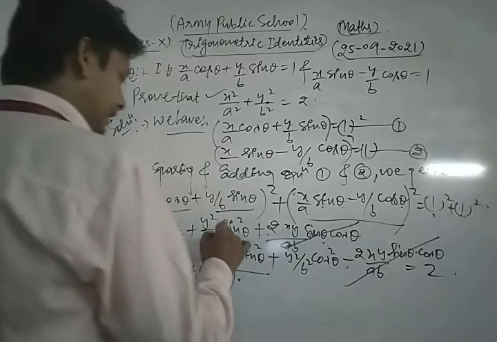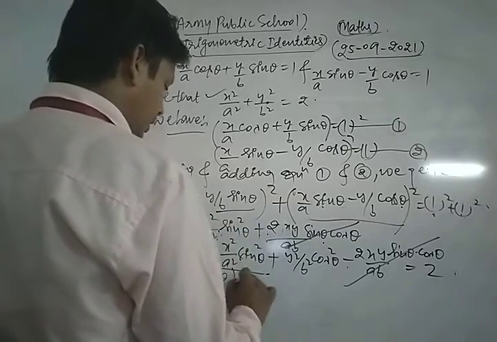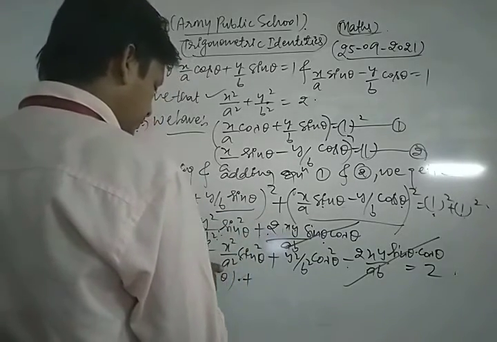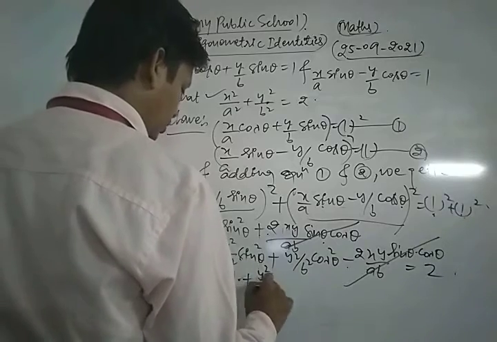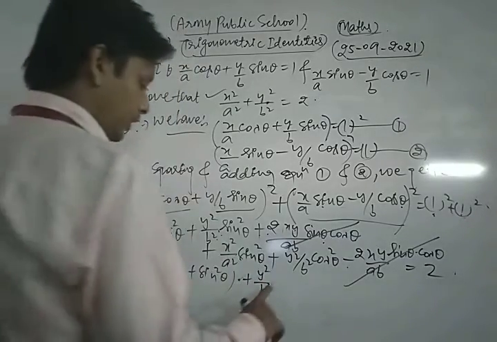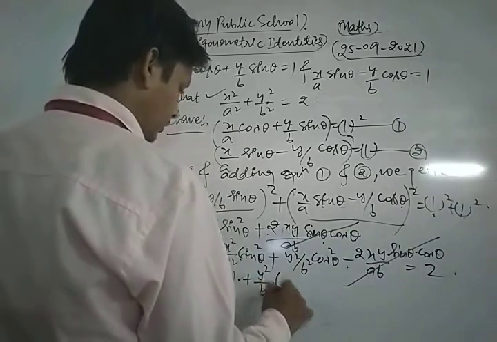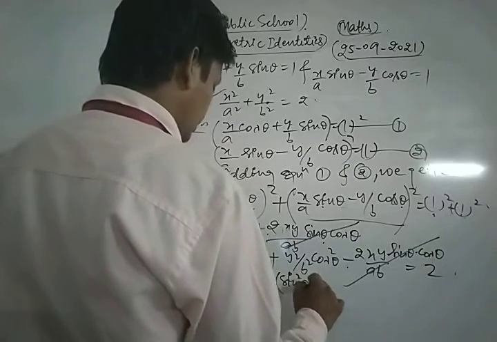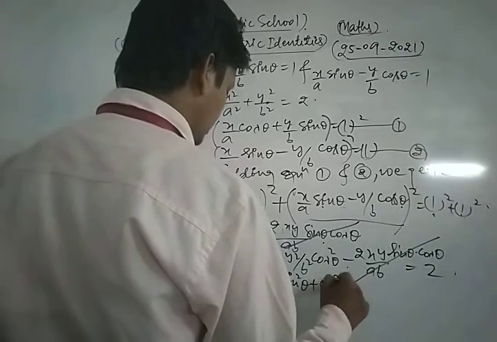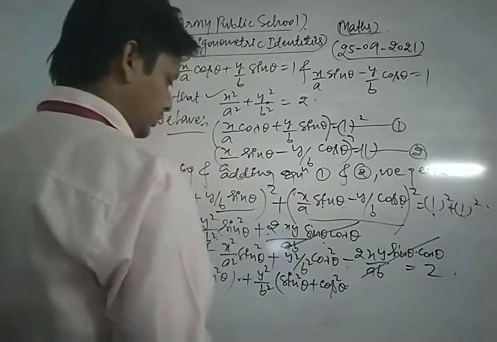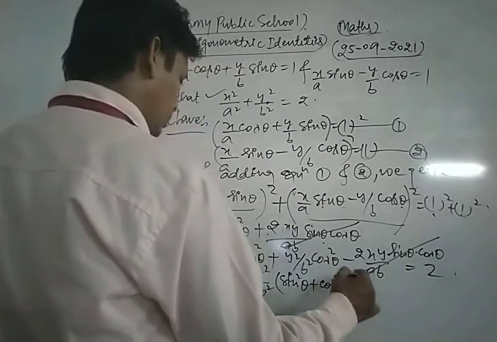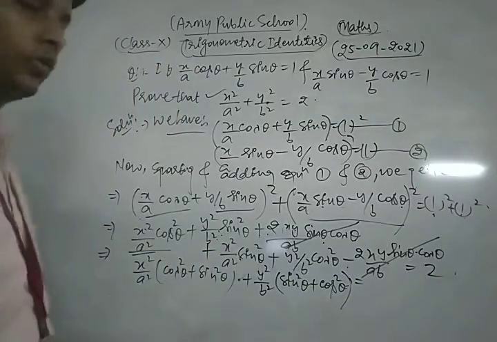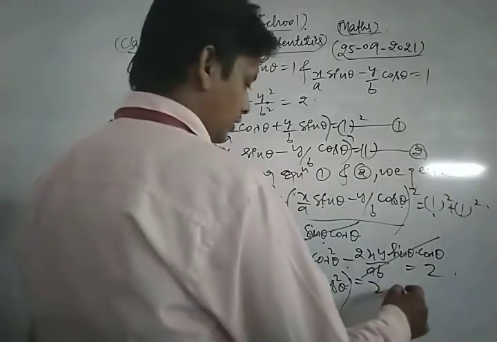Now in these two terms we take y square upon b square common, so we get what? Sin square theta plus cos square theta. Right, and the right side is 1 plus 1, that is 2.